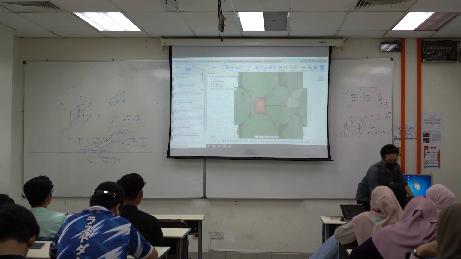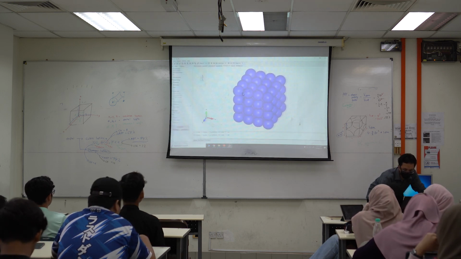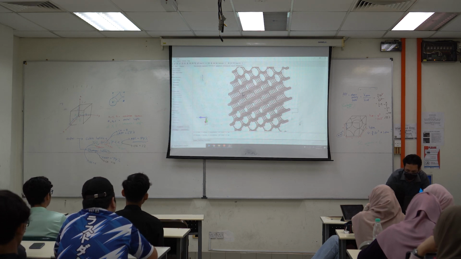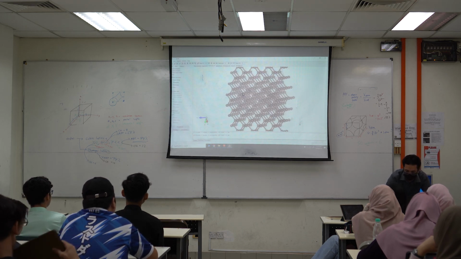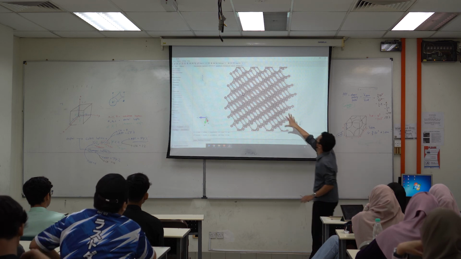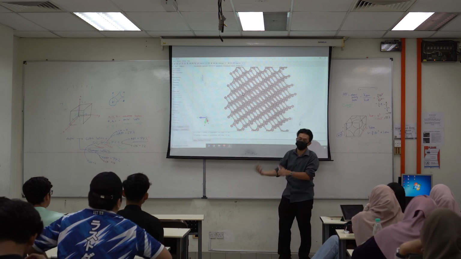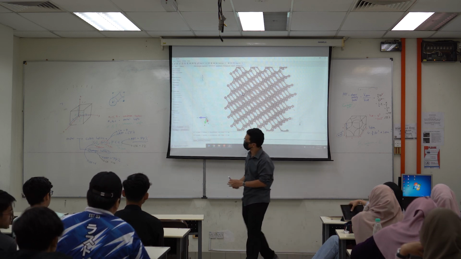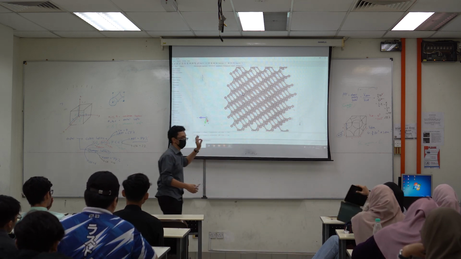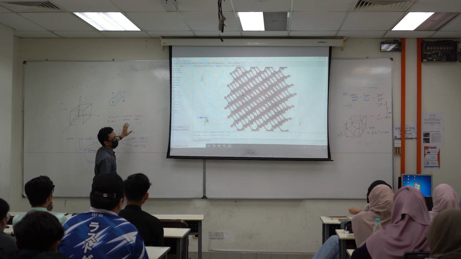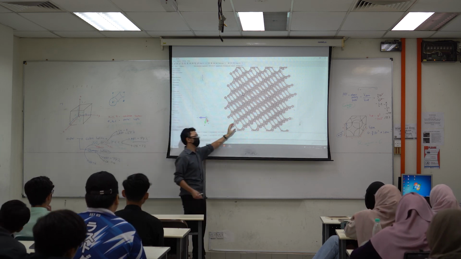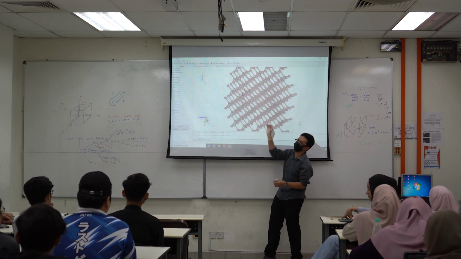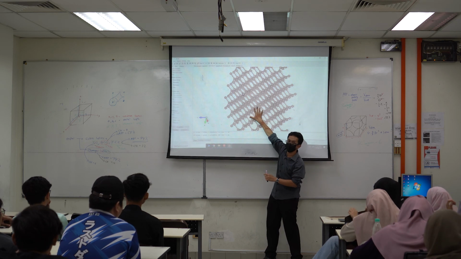And the reason why people know the diamond has this configuration is because of the XRD. You have done the XRD experiment. I don't have time to explain that in detail, but the idea is that you shine the X-rays, the XRD gives a pattern, and from that pattern you can back calculate to get this structure.